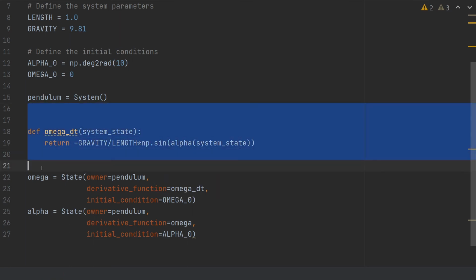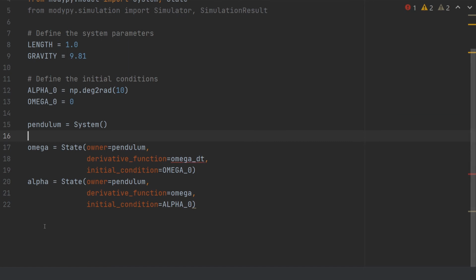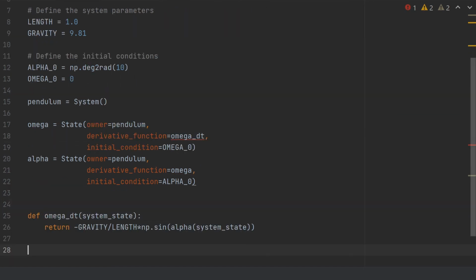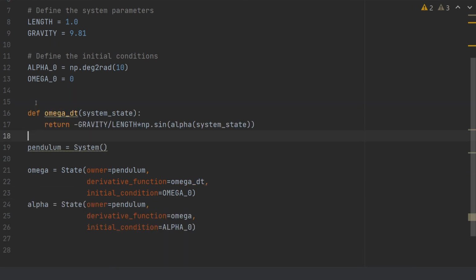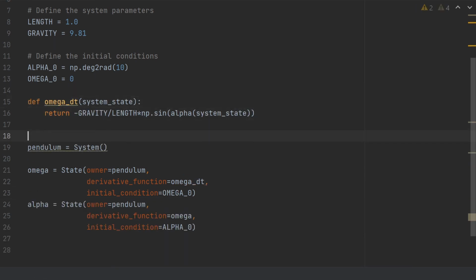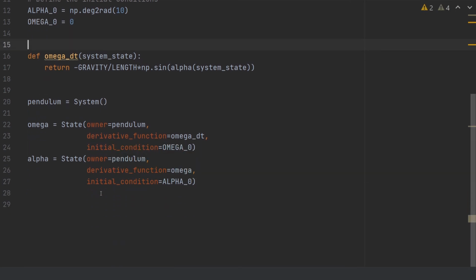So if we were to move the function definition below the state definitions, we would get an error here because omega dt is not yet known. So we'll keep it above here. And that is already all for our system definition.